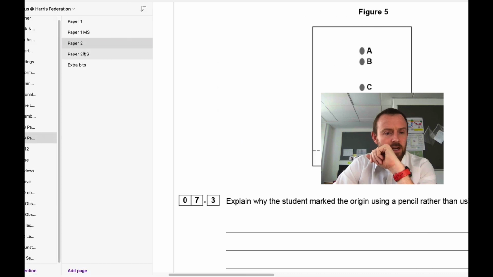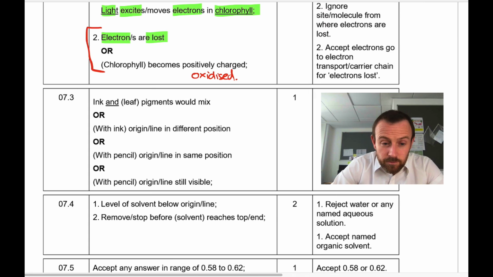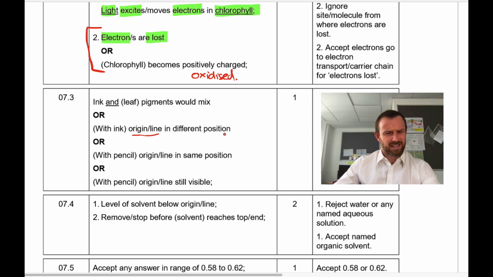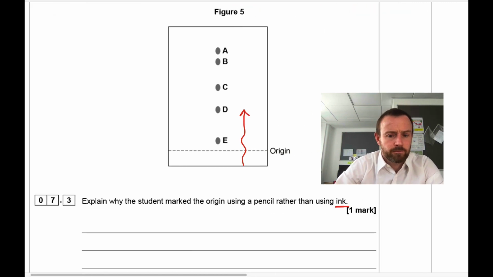What do the other things actually mean? So I guess the origin line, if it was in pen, would move, is what they're saying. The whole origin line would move up if it was in pen, I suppose. Right, let's just keep going.